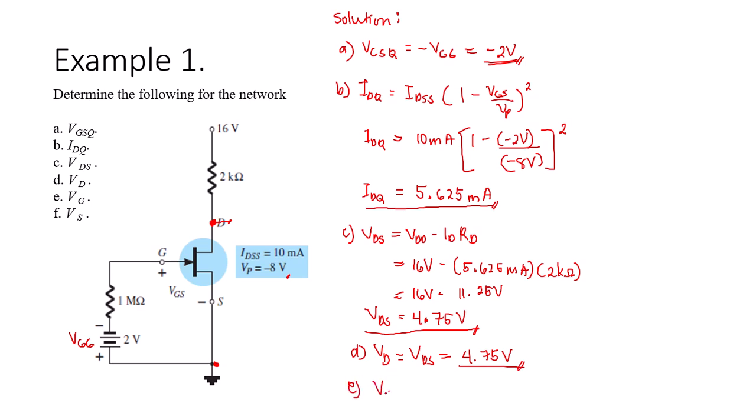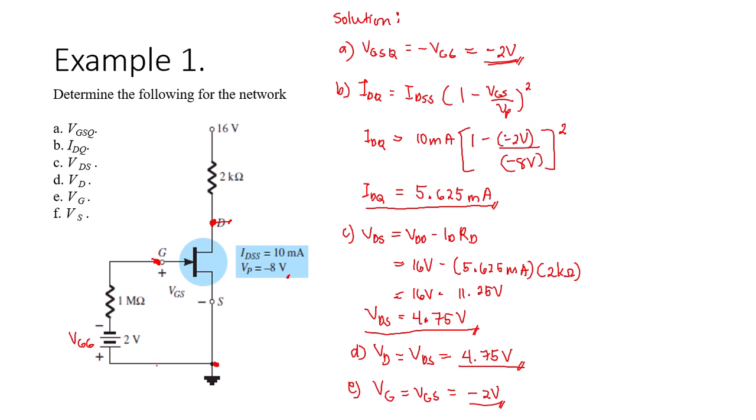For VG, that is from the gate terminal to the ground. So it is the same as the value of the VGS, which is equal to negative 2 volts also.